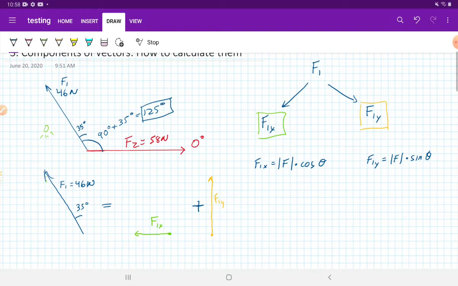You will practice it so much you won't have to memorize anything. So let's plug in the numbers: 46 newtons times cosine of 125 degrees, and F1y is equal to 46 newtons times the sine of 125 degrees. You could do this in one shot, but I want you to see something that's important.